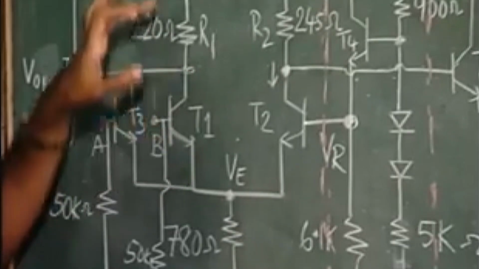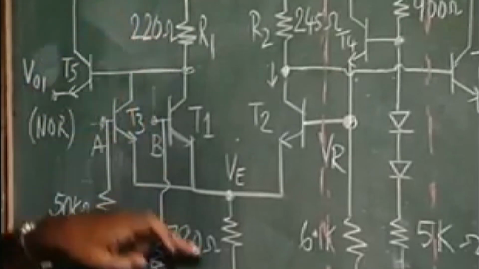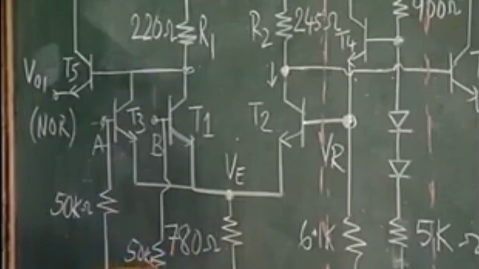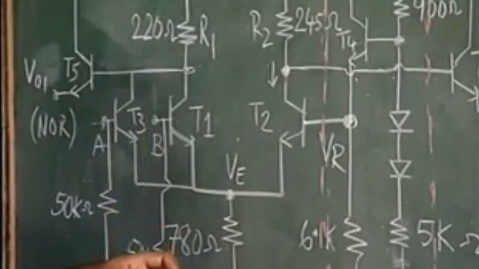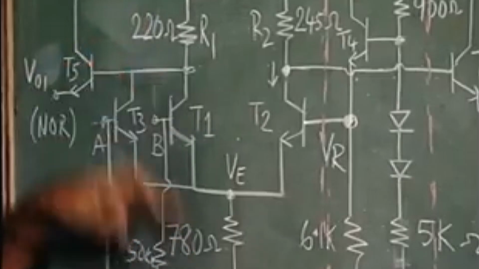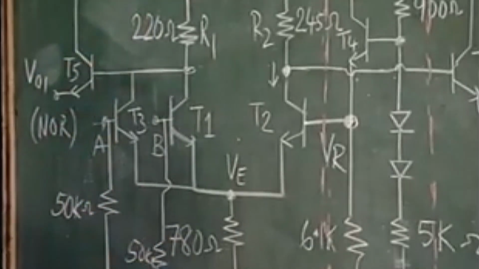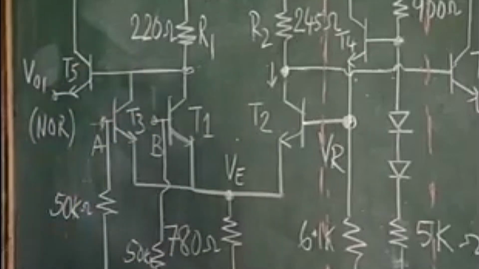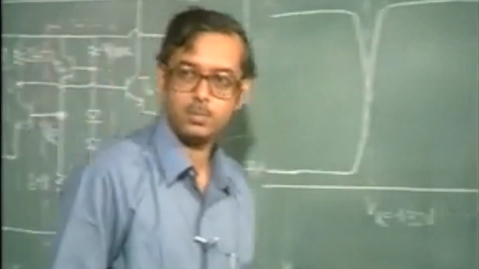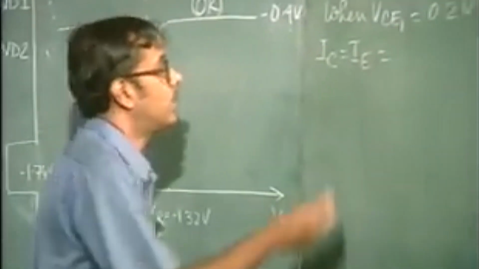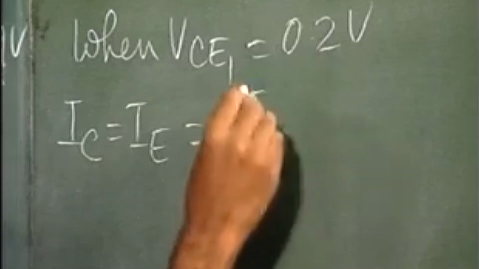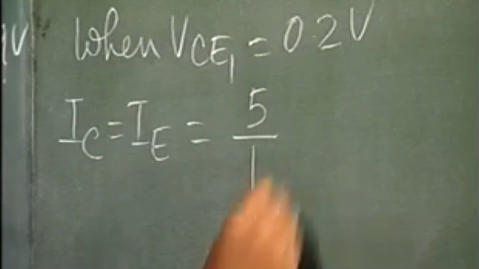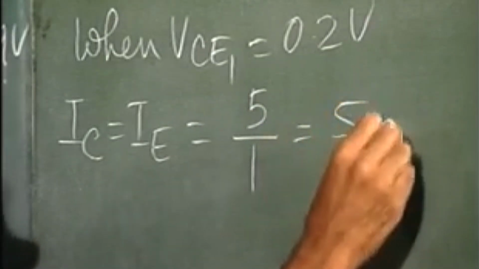The remaining 5 volts is dropped across the two resistances, and the current flowing through the two resistances is the same, IC is equal to IE. So, 5 volts divided by the sum of these two resistances is the current. What is the sum of these two resistances? 780 ohms plus 220 ohms, 1 kilo ohm. So, IC is equal to IE is equal to 5 volts by 1 kilo ohm, which means 5 milliamperes.